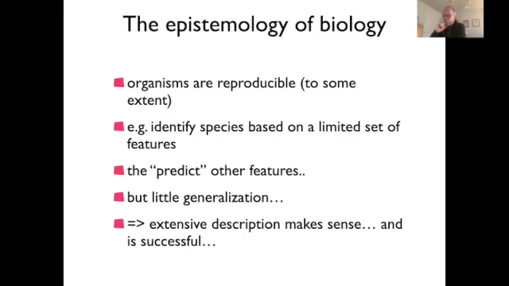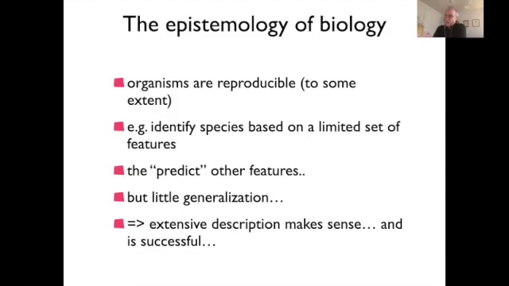So that's quite different from biology. In biology, you find to some extent, in a certain approximation, that organisms are reproducible. Famously there are these books on how to identify plants, for instance, and these books list a certain number of features that you need to pay attention to in order to classify, for instance, a plant, a flower or something.